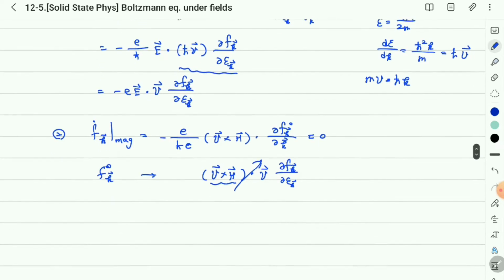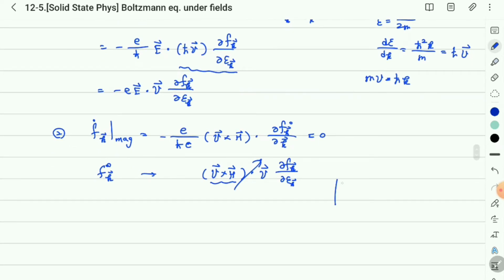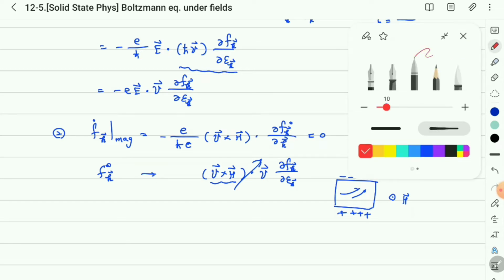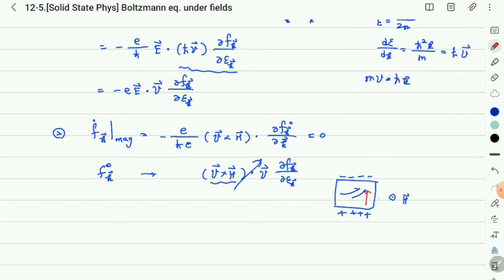This is natural, because when you think about a sample to which we apply the magnetic field in the outside direction, the electrons flow and are deflected to one side, so minus charge accumulates and plus image charge forms on the opposite side. Then an internal off-diagonal electric field is generated, which we call the Hall electric field.